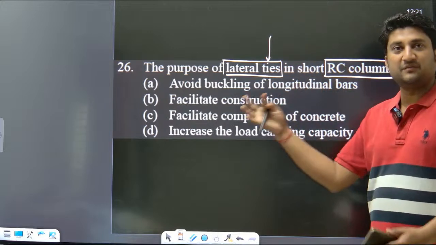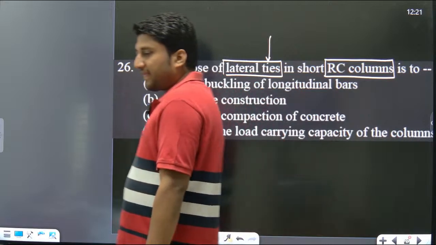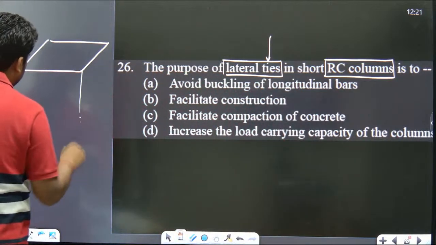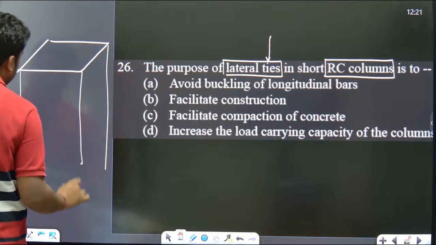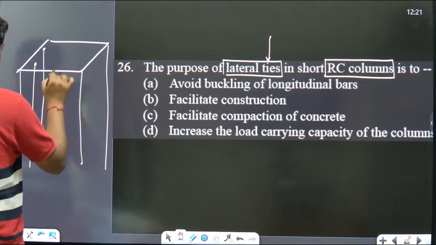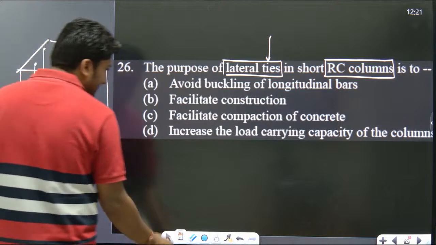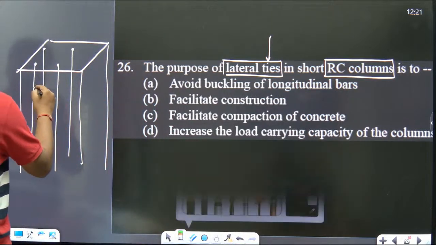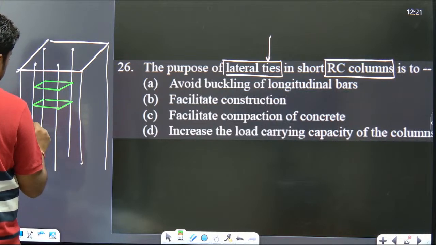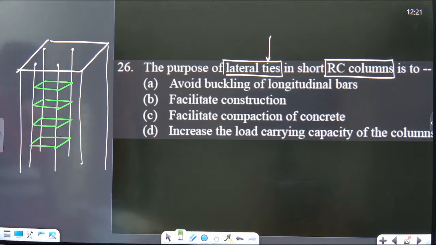In the question also it is given ties. Ties means something which can bind. I'll show you the diagram. You can see very carefully these are the longitudinal bars and these are the lateral ties.